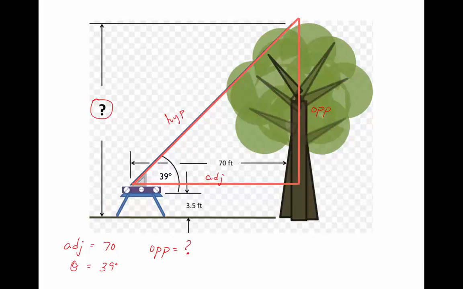Opposite's going to be the fast track to getting the height of the tree. So we have adjacent, we have the angle, we want opposite. Which of our trig relationships brings those three things together? Which one is the ratio of adjacent and opposite? That's tangent. So we're going to use tangent as the fastest track to getting the opposite side. So tangent of theta equals opposite over adjacent.